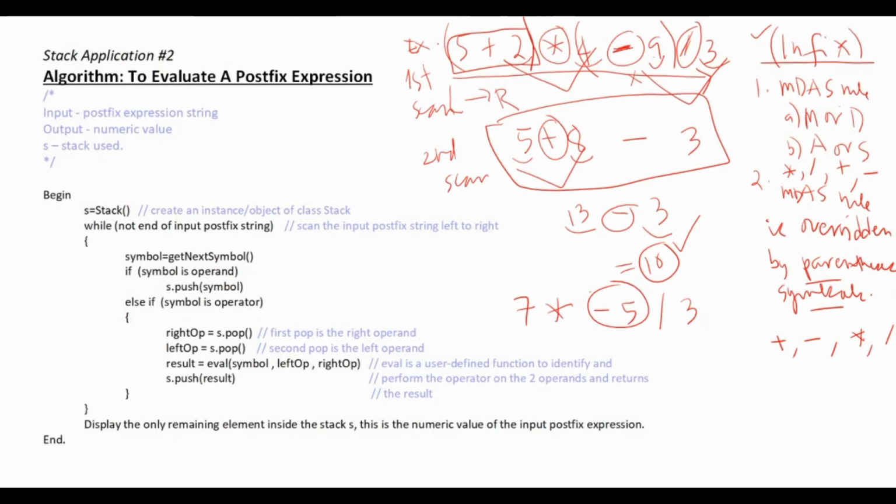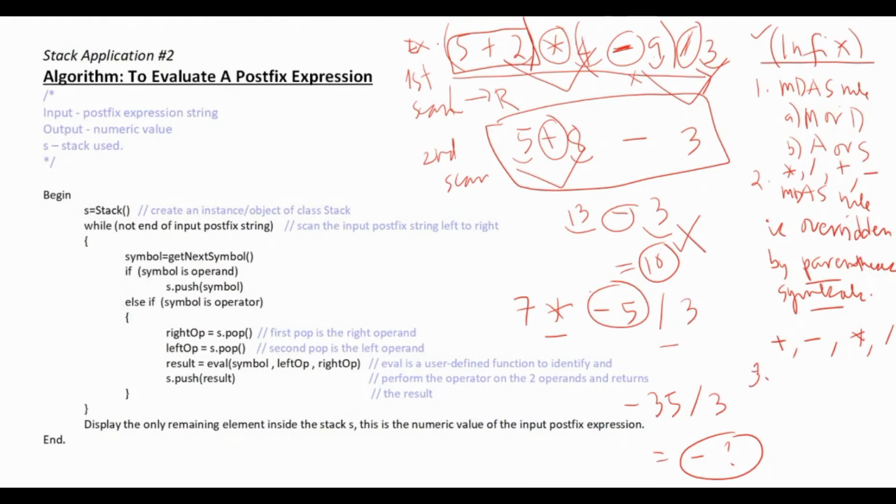After that, 7 times negative 5 is negative 35, divided by 3. So the value would be negative 35 divided by 3. It would not be 10 if we have these parentheses. The presence of parentheses symbols changes the order of operators to be executed.